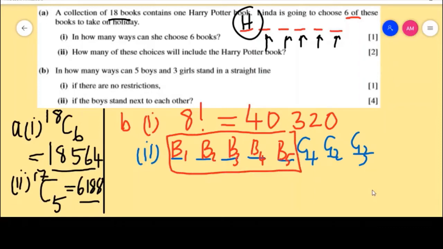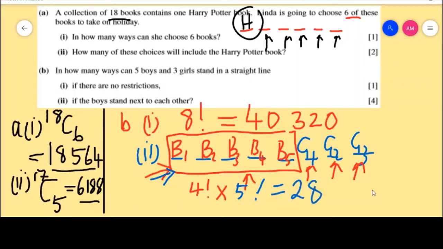Whenever you need things to be together, group them. So you have 1, 2, 3, and 4, which is 4 factorial, times, don't forget, the bundled boys can shuffle 5 factorial ways. Nothing is the same here, so you don't divide, and your final solution would be 2880. These are people, so there are no repeats.